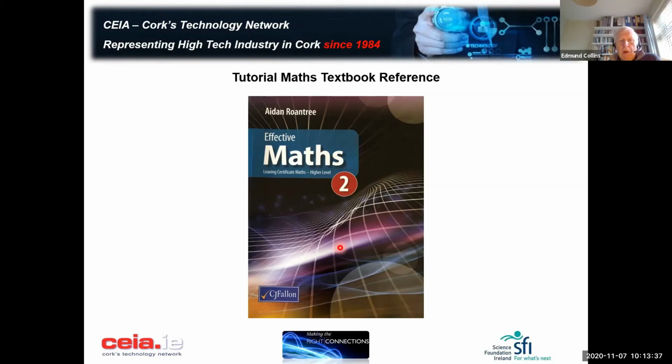I had studied probability briefly in college and in other areas, so I had to go back and study it again in a bit more detail to prepare for this tutorial. So I've used Aidan Rountree's textbook in the main, which I find very good. I've included a reference to that at the end of the tutorial as well.